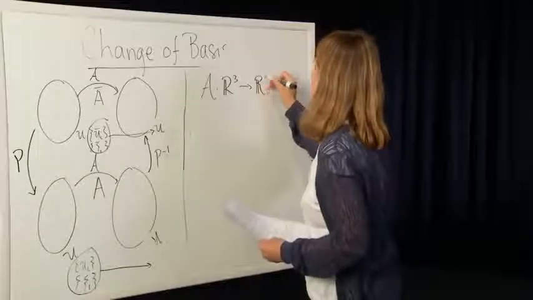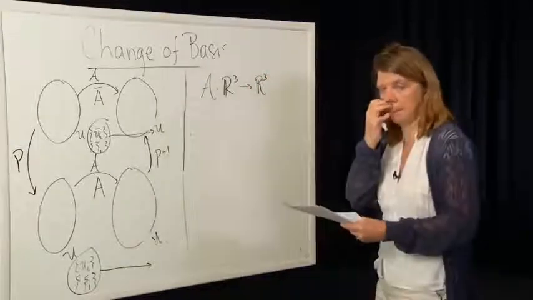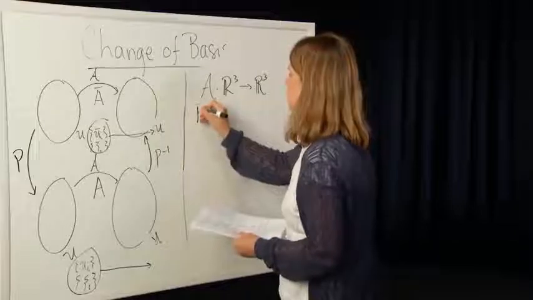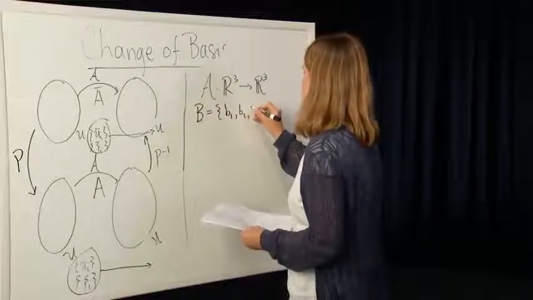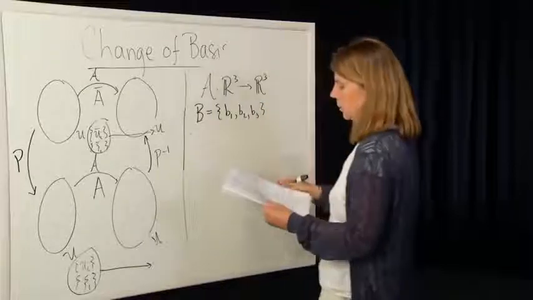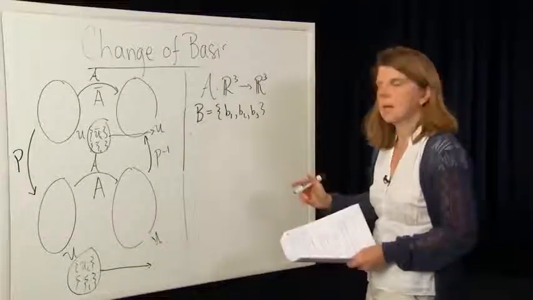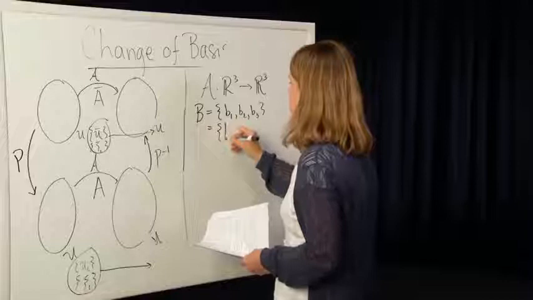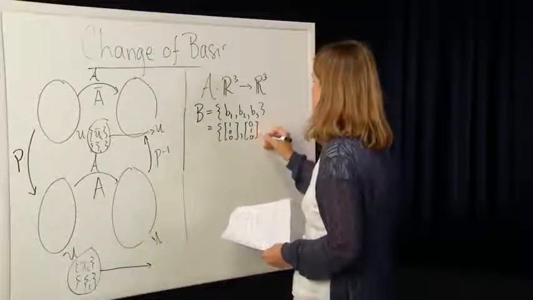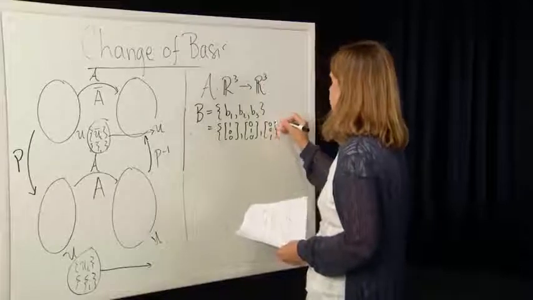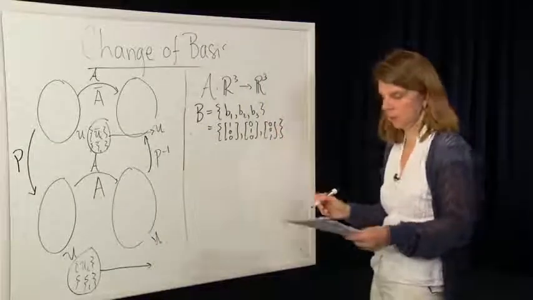So that's my linear map, map A. And I'm going to consider two bases. The first one we'll call basis elements B1, B2, B3, and I'll make that the standard basis. So 1, 0, 0, 0, 1, 0, 0, 0, 1, the standard basis elements in R3.